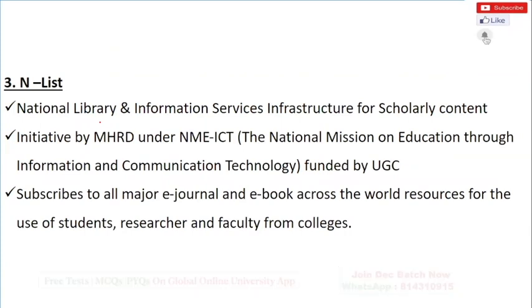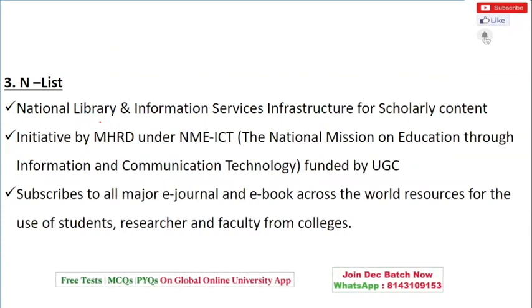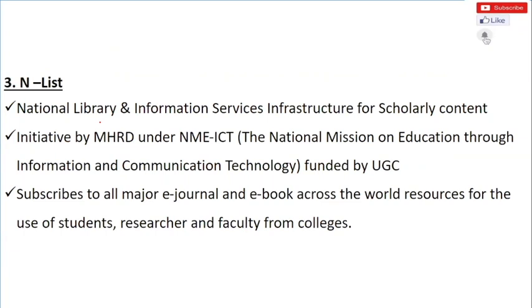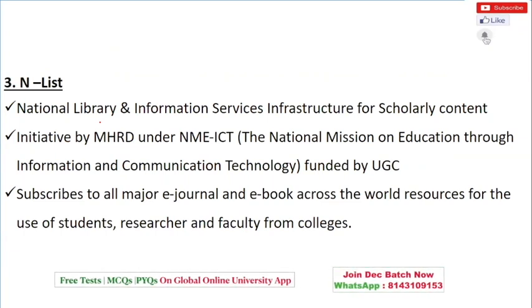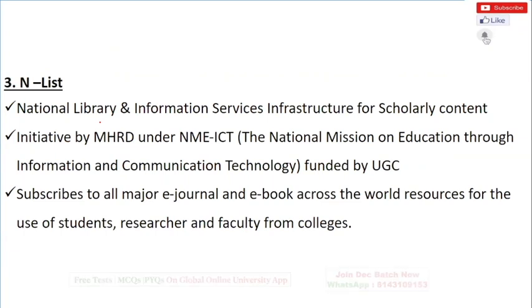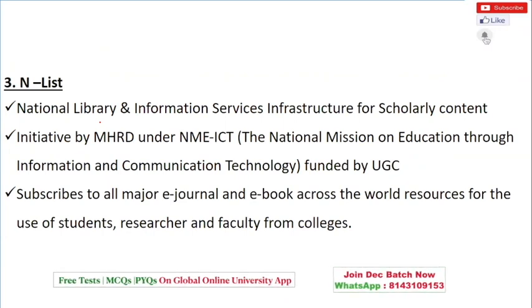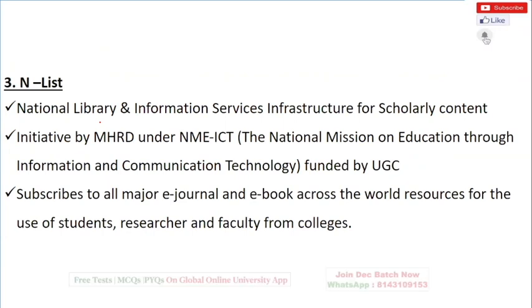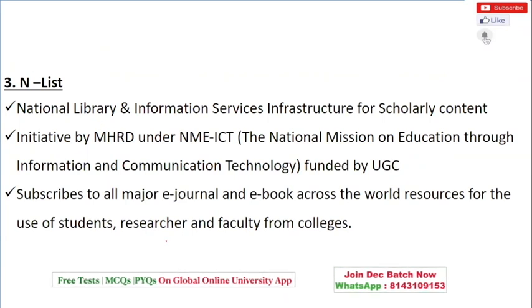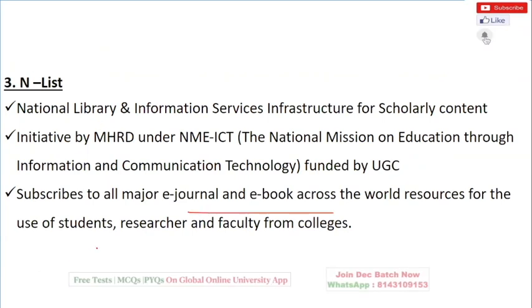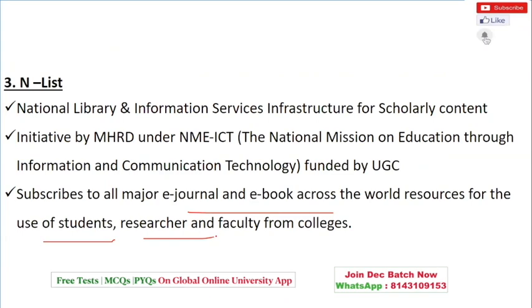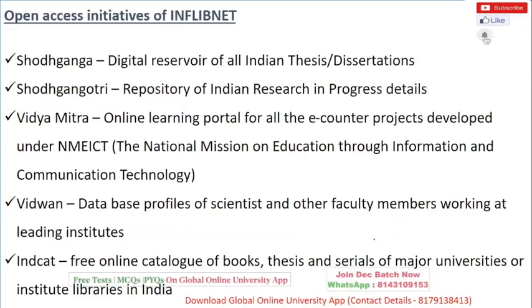N-LIST, National Library and Information Services Infrastructure, is again an initiative by MHRD, that is the National Mission on Education through Information and Communication Technology. It subscribes to all the major e-journals and e-books across the world for the use of students, researchers, and faculty from the colleges.